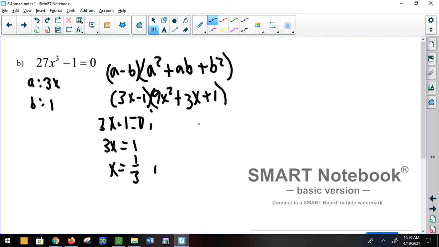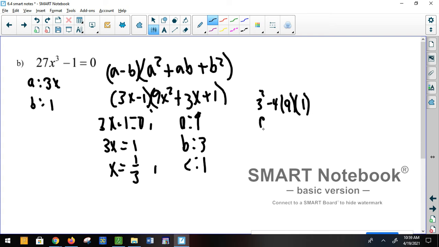For 9x squared plus 3x plus 1, we're going to do the quadratic formula because we know that it can't be factored further. So A is 9, B is 3, and C is 1. B squared is 3 squared, minus 4 times A, which is 9, times C, which is 1. So 3 squared is 9.